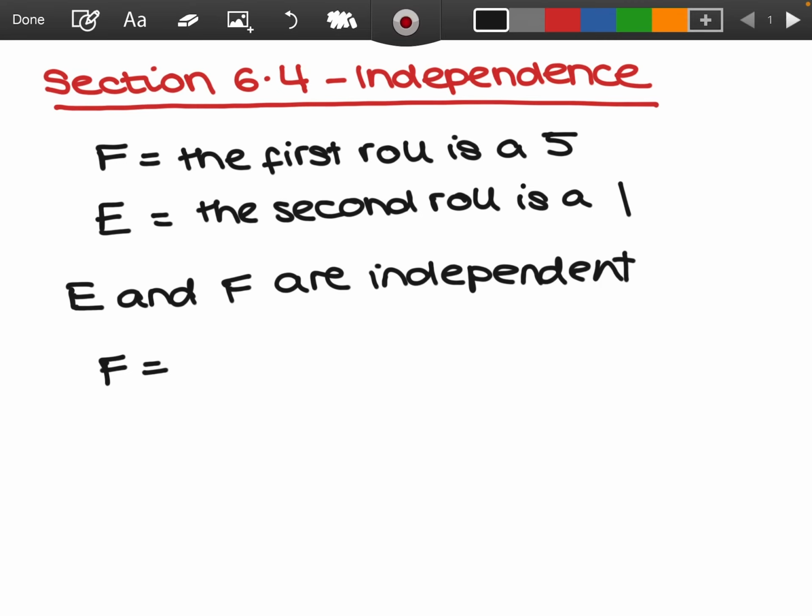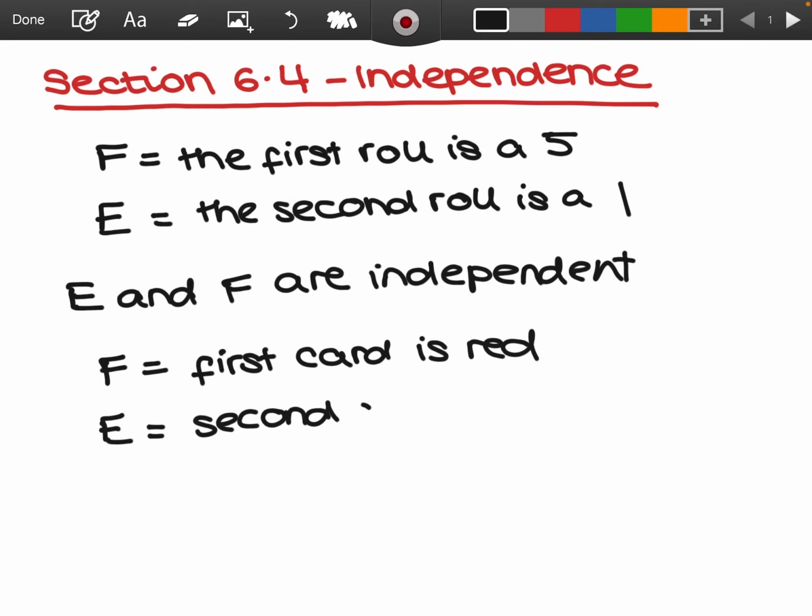However, let's say I now take the situation where I have an event F, which is looking at a deck of cards, and I have that the first card is red, and then my event E is that the second card is black. And I'm doing this without replacement.